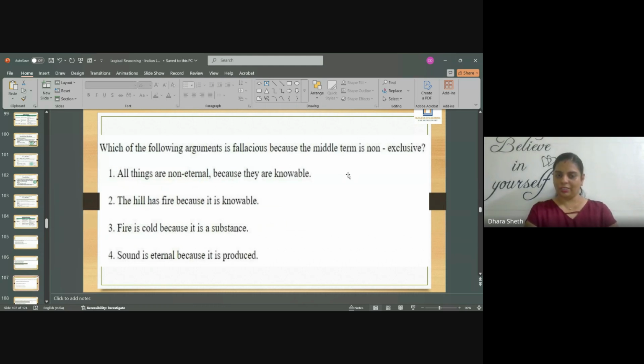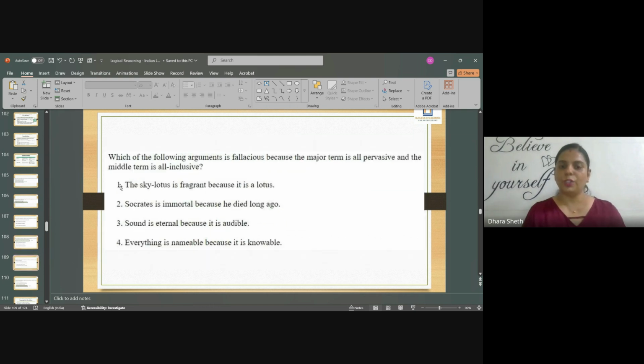Another example. Same question in a different form. Here also the answer is the same. Which of the following arguments is fallacious because the middle term is non-exclusive? All things are non-eternal because they are knowable. These two questions are from two different question papers. Which of the following arguments is fallacious because major term is all pervasive and middle term is all inclusive? This is how they ask.